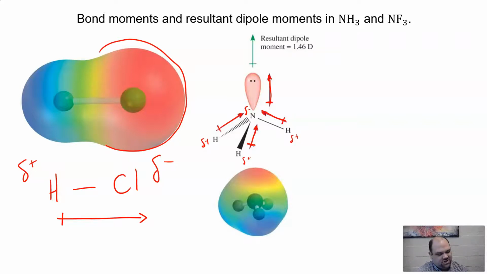If we think about the shape of this ammonia molecule, it's got 4 electron groups with 3 atoms bonded to it and 1 lone pair.